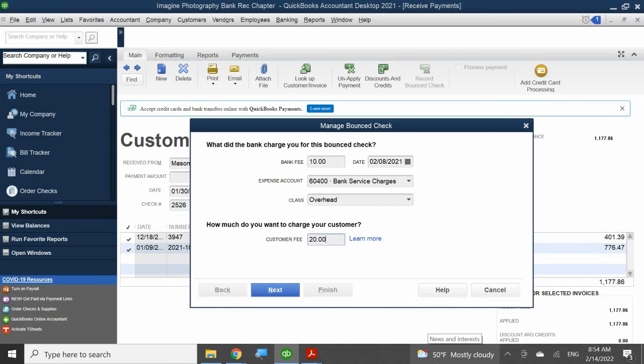Whatever way you want to justify it. Obviously, you don't want to go overboard and say, I want $100, because then your customer is definitely going to disagree on that number. Usually it could be anywhere from $25 to $50.